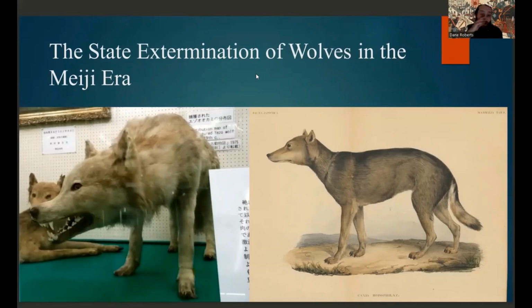So in response to the quote-unquote threat to livestock, the Meiji government would order a massive state-run extermination campaign of both the Japanese wolf and the Hokkaido wolf, with Japanese and Ainu, who were traditional hunters, and I'll talk about them in a minute, also taking part, though the Ainu to a lesser degree than the traditional Japanese.